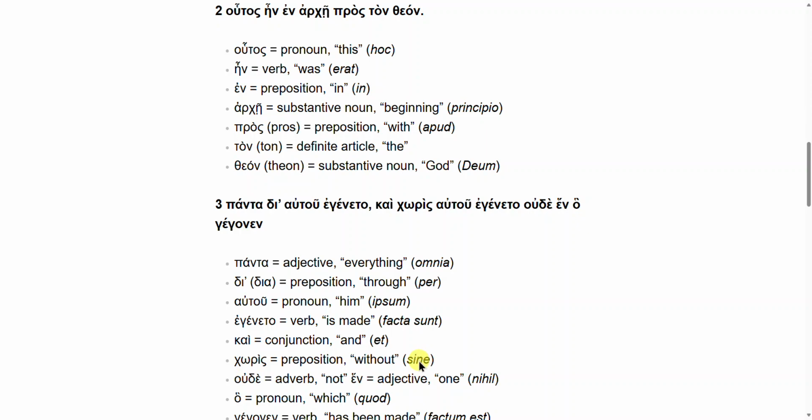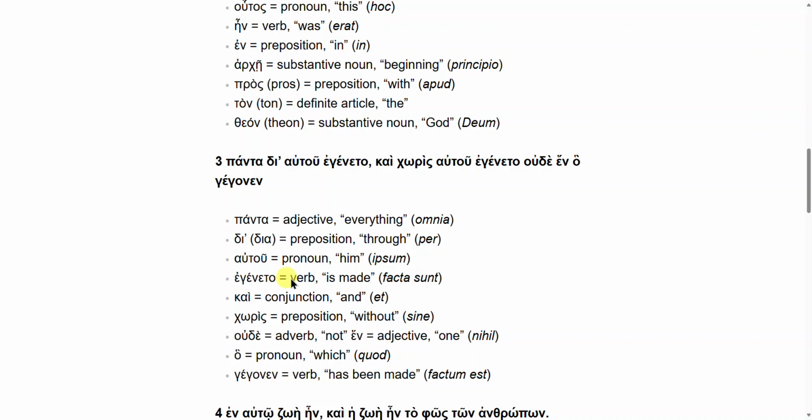Sine takes the ablative case in Latin, but choris takes the genitive case in Greek. So we have choris autou, just as we had di'autou here. Choris means without, autou means him. We've already seen that. And without him, egeneto, is made.